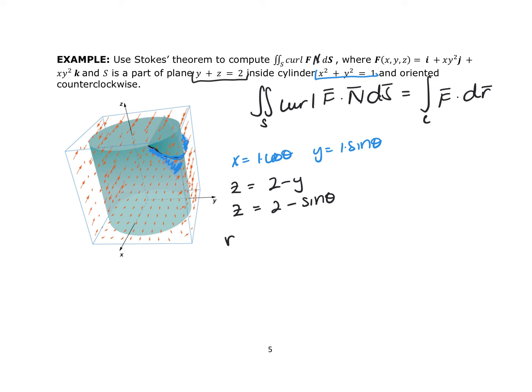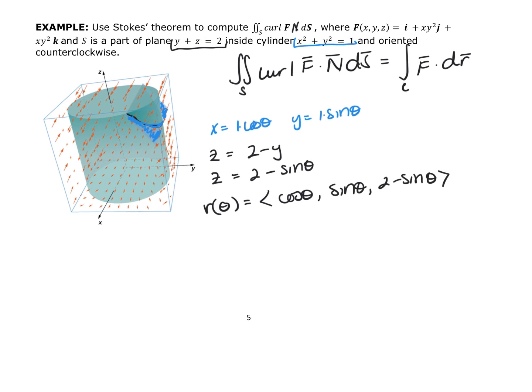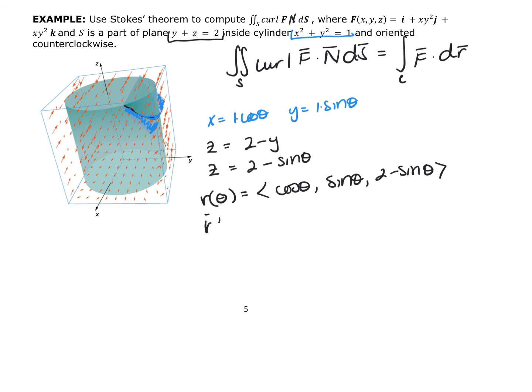So my r of theta is going to be the cosine of theta, the sine of theta, and 2 minus the sine of theta. That means r prime of theta, these are vectors, is going to give me negative sine theta, cosine theta, 2 minus the cosine of theta.